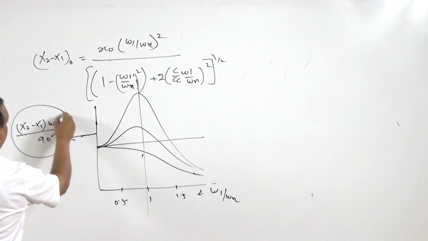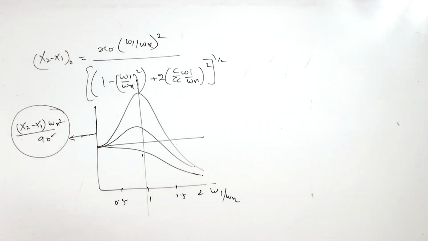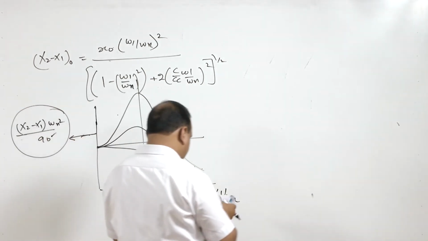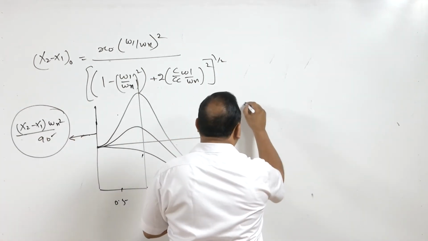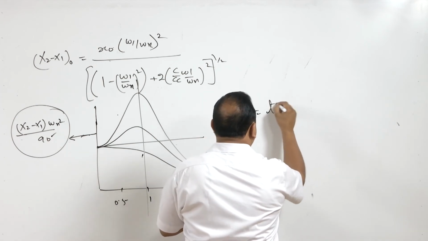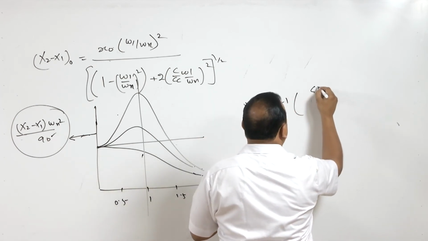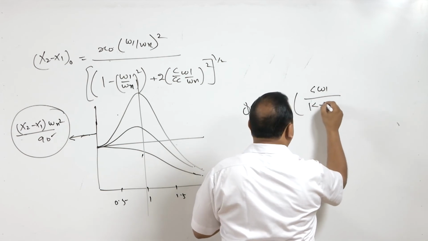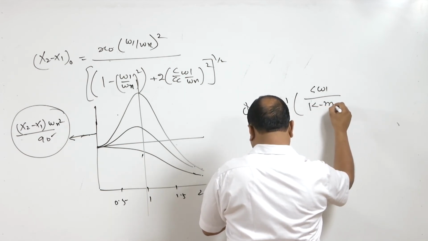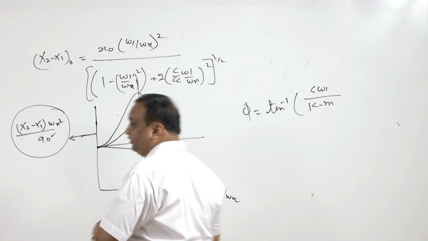Now from here, we have to find the relation between displacement and the acceleration of the body. There is going to be a phase angle also. Phase angle phi is equal to tan inverse of C omega 1 divided by K minus M omega 1 square, but that is not for this one.